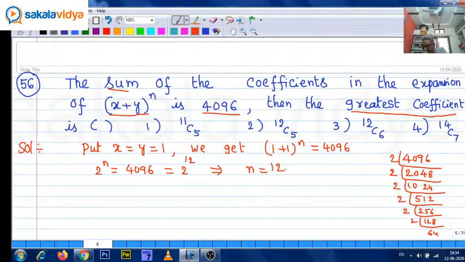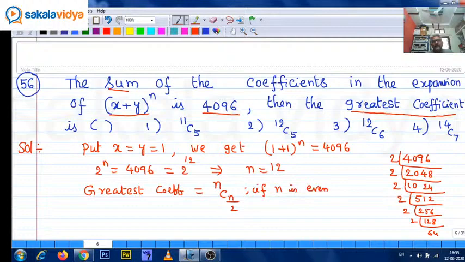The greatest coefficient is equal to nC n by 2 if n is even. Obviously this is even itself only. So we can write this equal to 12C n by 2, 12C6. That means third option is the right option.